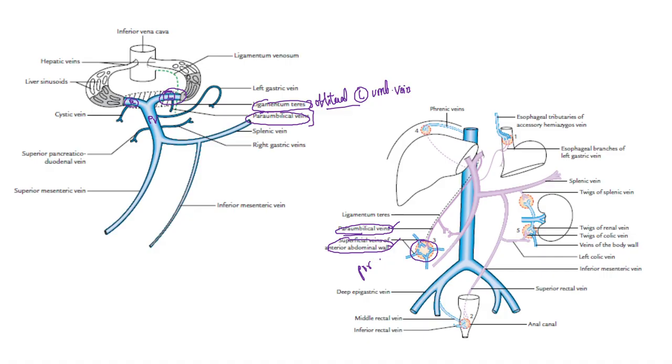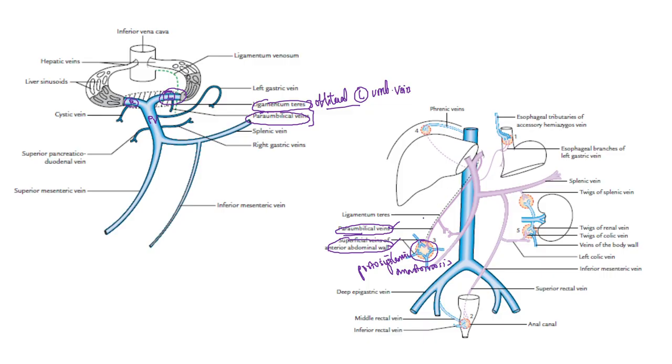So the umbilicus is a site of portosystemic anastomosis. What happens when there is portal hypertension?